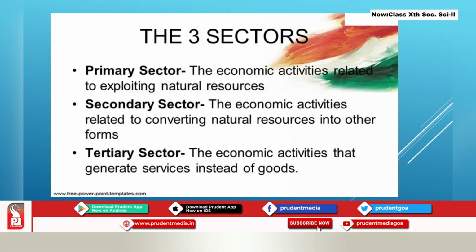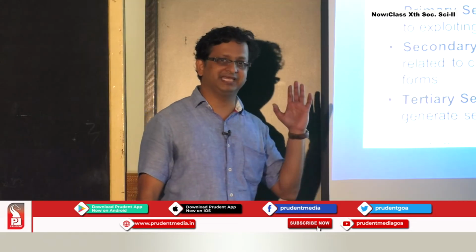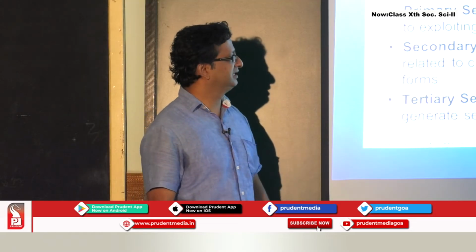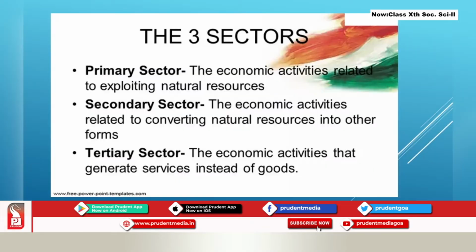So, as we have discussed, there are three sectors. First is the primary sector. What you have to remember here is, in the primary sector, we produce goods by using natural resources. In the secondary sector, we have the economic activities related to converting natural resources into other forms.